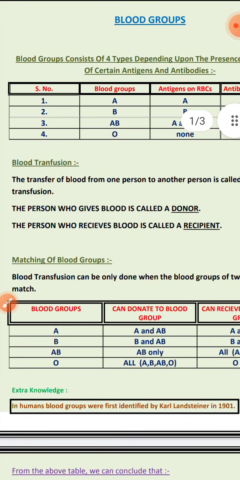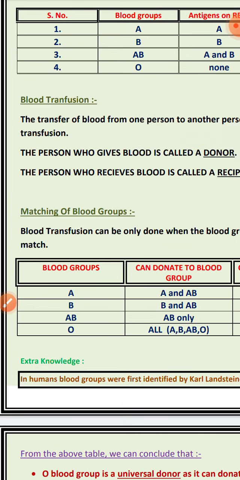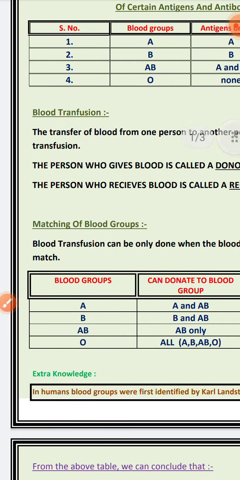Now our third sub part is matching of blood groups. Blood transfusion can only be done when the blood groups of the 2 persons match.